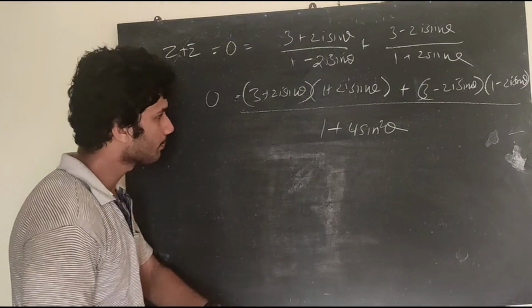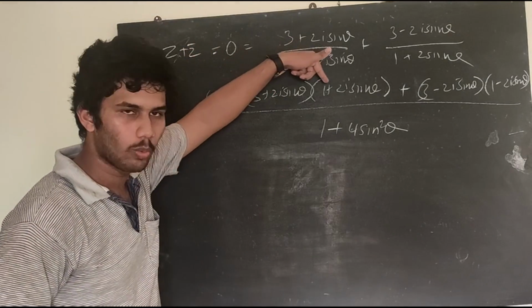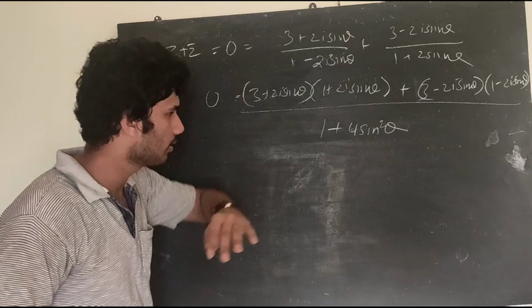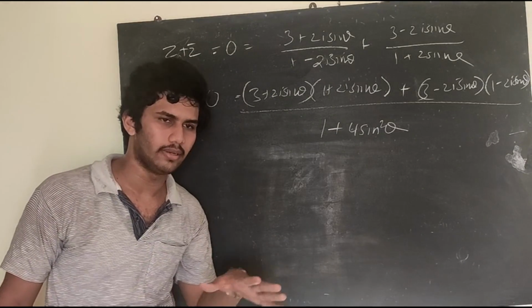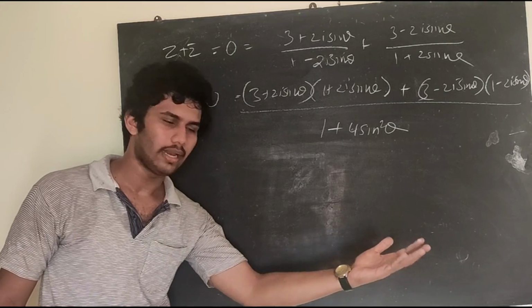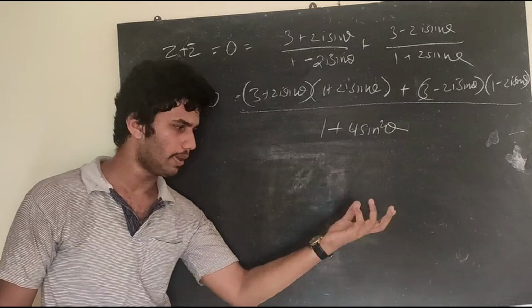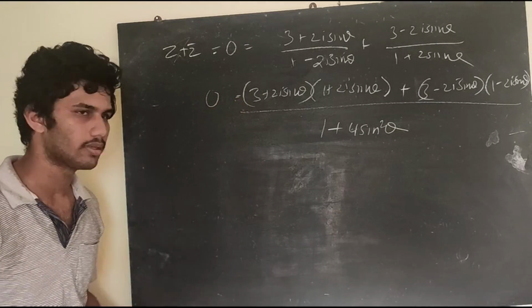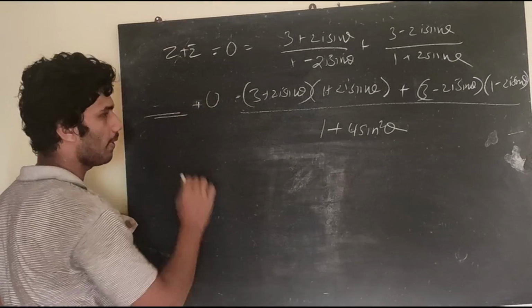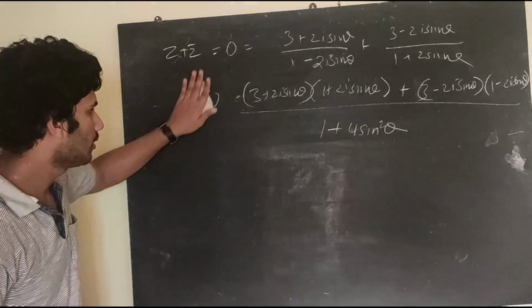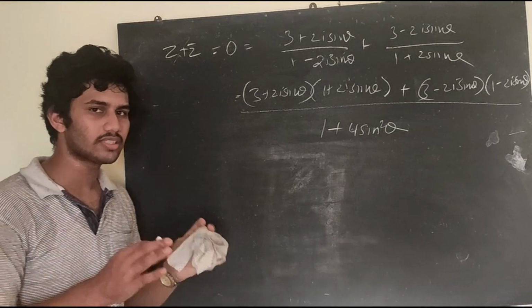So see, 3 into 1 gives me 3. That's a positive number, I just need the real part, and I don't need the imaginary part. The real part you need to equal 0, because overall there is some imaginary part over here, since it's purely imaginary.